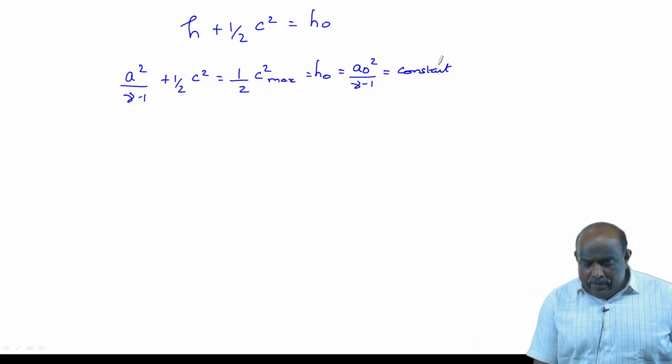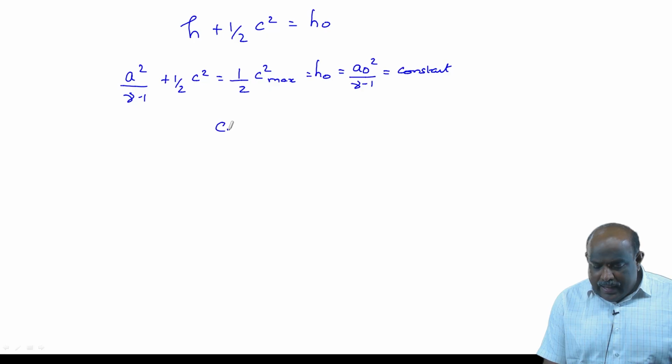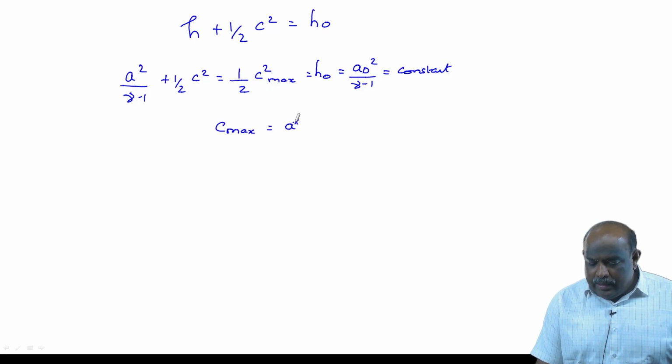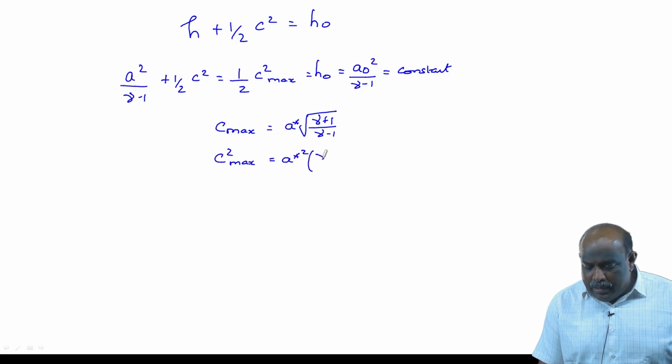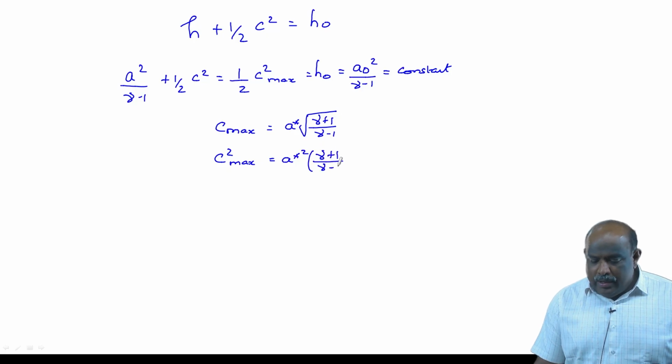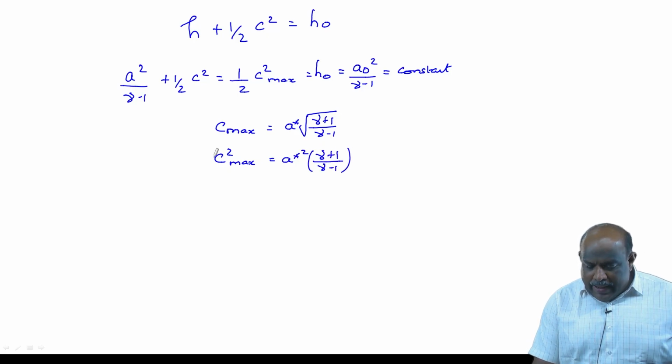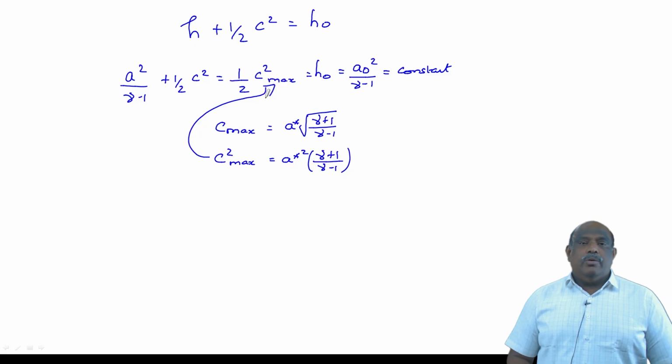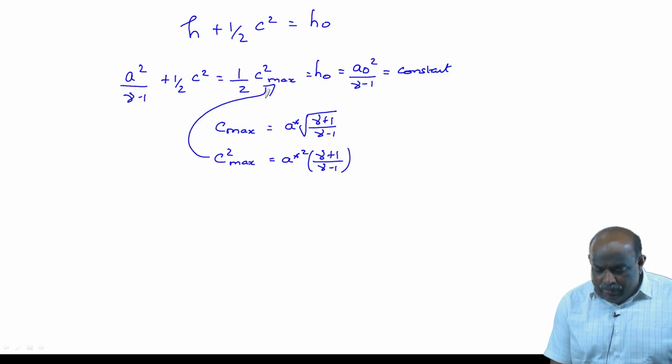Now, we have derived C max as A star into square root of gamma plus 1 by gamma minus 1, which means C squared max will be equal to A star squared into gamma plus 1 by gamma minus 1. So, substitute the value of C squared max over here. Now, what is the final form?